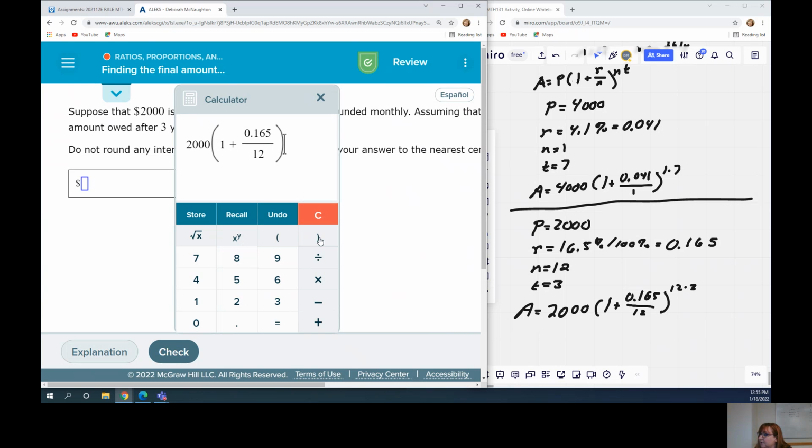Move your cursor out here. That's raised to the 12 times 3. Once we have it in, you should look at it, make sure it matches, and then just hit equals. And again, it wants it to the nearest cent, so that's going to be 3269.95.